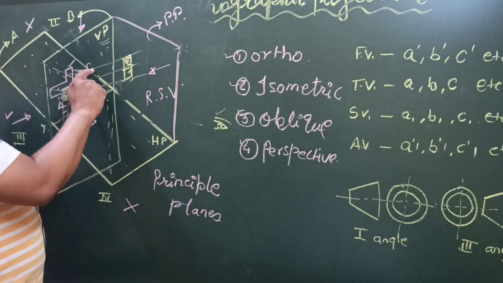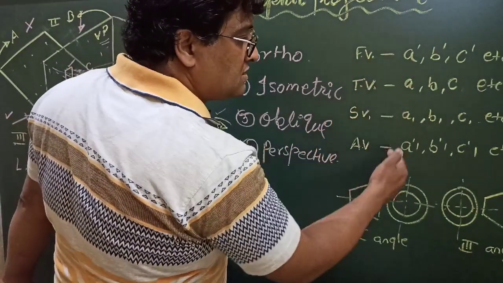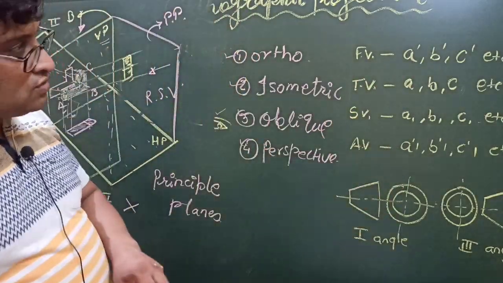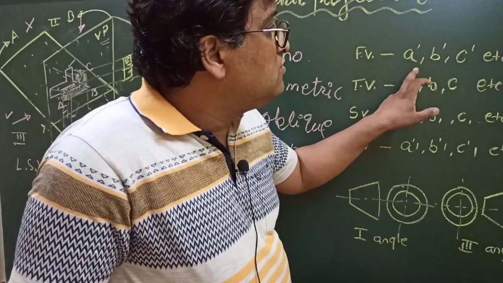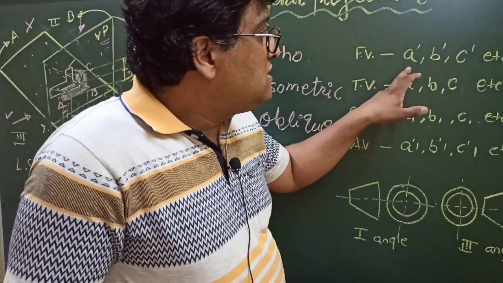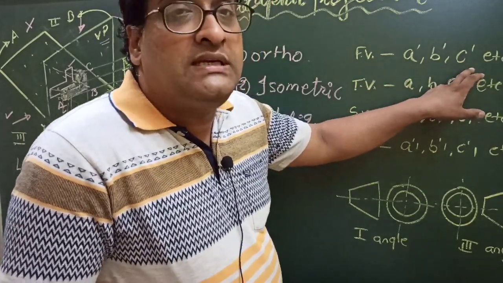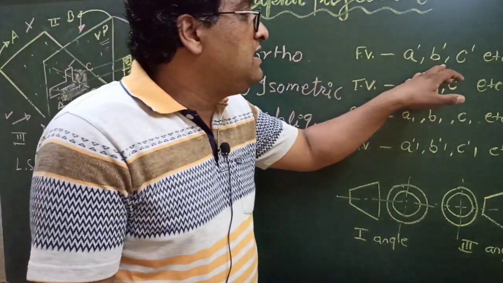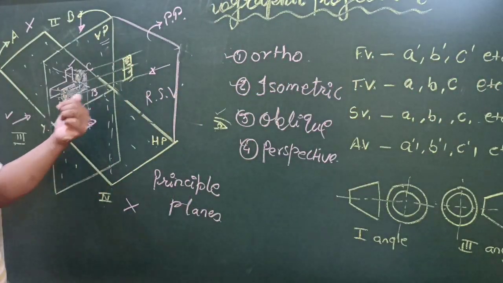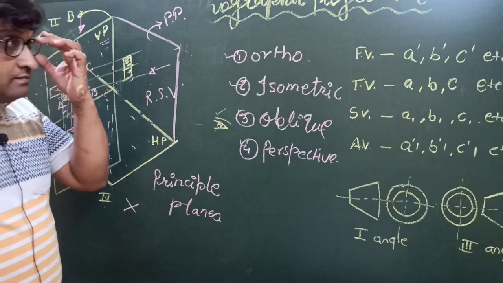For these three points, the respective points in the projections will be represented like this. First, for the front view or elevation, we use small letters with dashes, that is a dash, b dash and c dash for A, B and C.